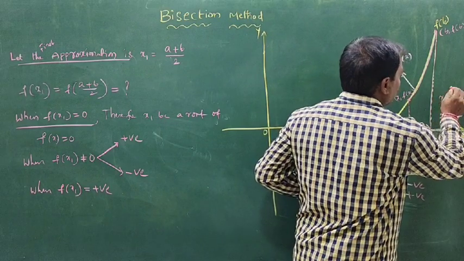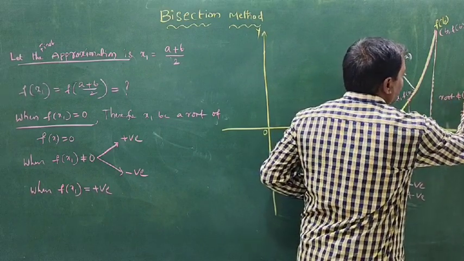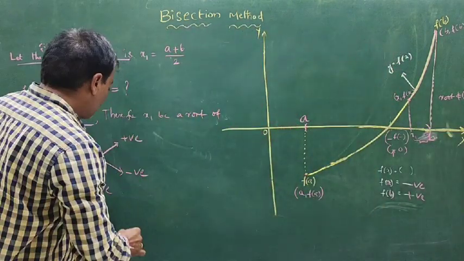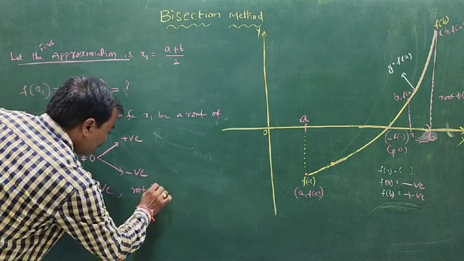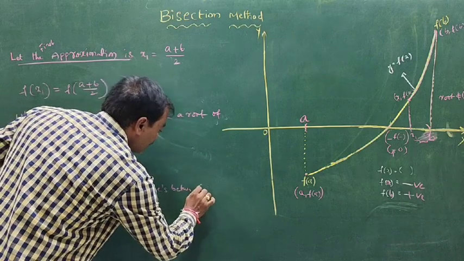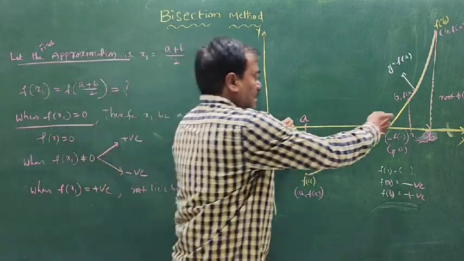Therefore the root does not belong to x1 comma b. So the root lies between a and x1, in this interval.